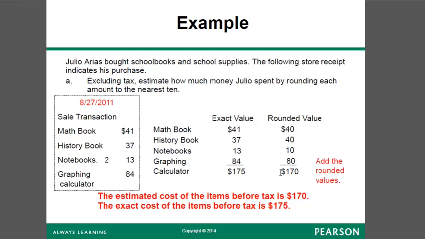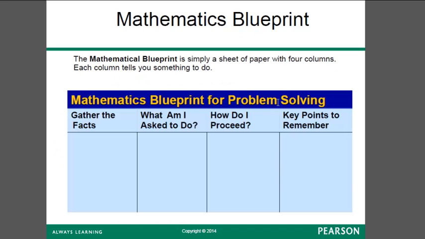Let's look at another situation. This is what we call a mathematics blueprint. It's simply a sheet of paper with 4 columns. Each column tells you something to do. This column tells you to gather your facts. This column, what are you asked to do?